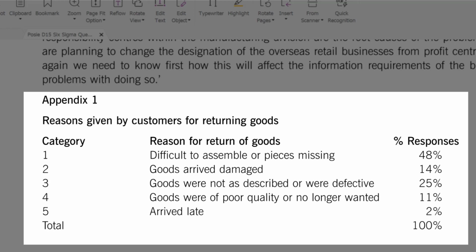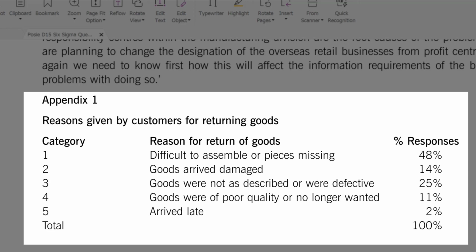And here we have Appendix 1, the actual report with which we will try to find the root cause of the returns and complaints. Remember, we've got an international company. We've got our own manufacturing. We also work with third-party suppliers who manufacture and package themselves.